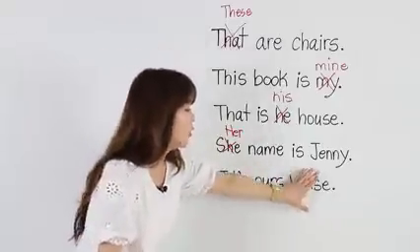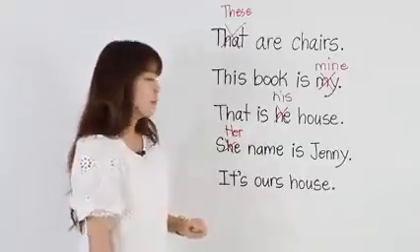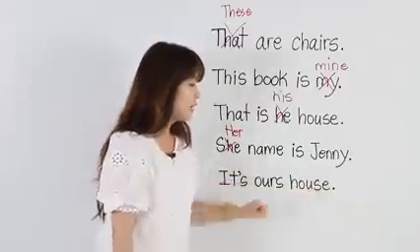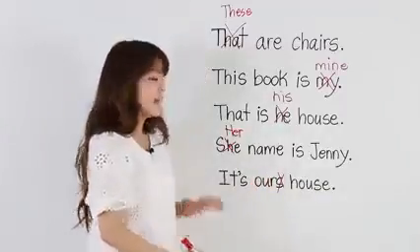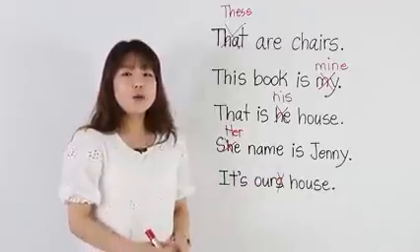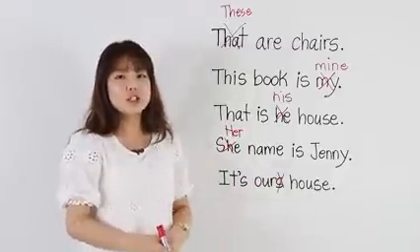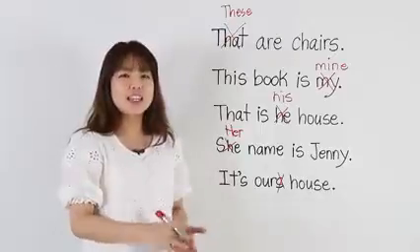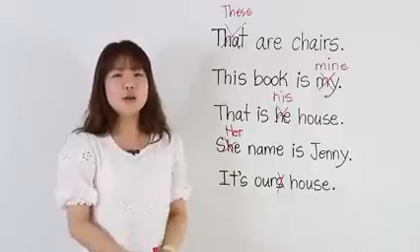Now, if we don't have house, it's ours. We can say that, but since we have a noun, we use the possessive adjective, it's our house. Okay, that was the checkup for possessive pronouns, possessive adjectives, this, that, these, and those. I hope you understood, and I'll see you in the next video. Bye!